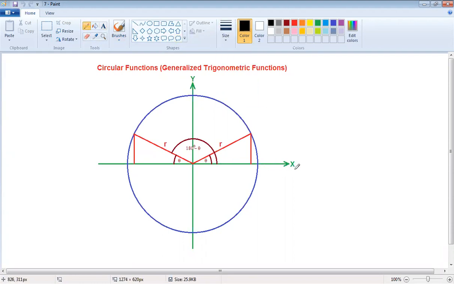I have told again and again, we start the measurement of angle from the positive direction of x-axis. So from here we have made an angle theta. So this point is suppose P, and its foot of the perpendicular on the x-axis is M, and this is origin O. So angle POM is theta, which is an acute angle.